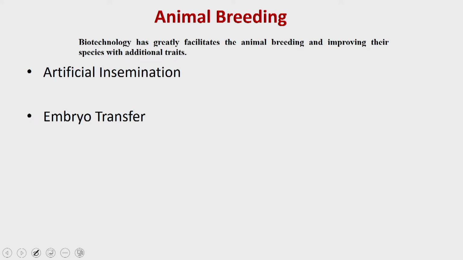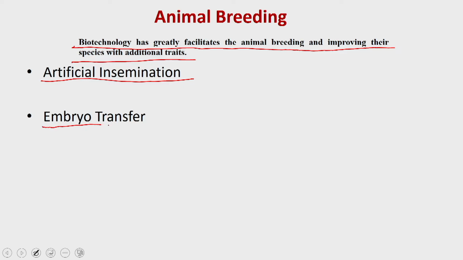Biotechnology has greatly facilitated animal breeding and improving species with additional traits by discovering as well as validating two processes. One is called artificial insemination, the other is called embryo transfer, and both of these processes have their own significance and importance in the whole process of animal breeding as well as improving a particular species with the desirable traits.